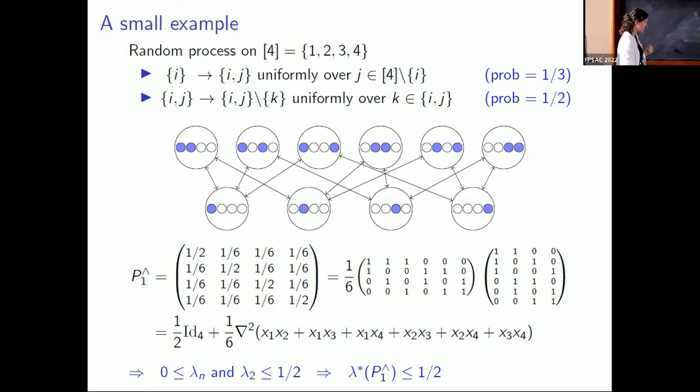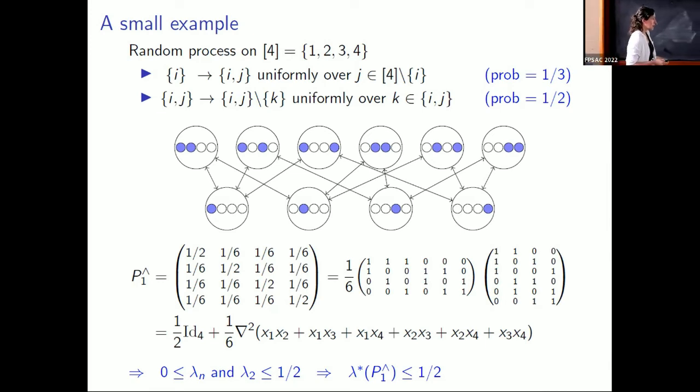Together, these two pieces tell us that the smallest eigenvalue is non-negative, and that the second largest eigenvalue is at most a half. And so the important eigenvalue for the mixing time of this random process is at most a half. And in particular, in order for a random walk to mix quickly, you want this to be far away from 1. And 1/2 is far enough away from 1.